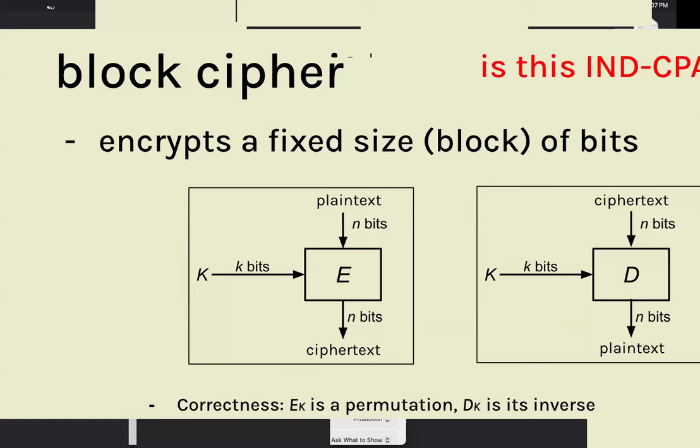Now, the question for you: is this an NCPA secure scheme or not? If anyone in the back wants to answer this question. If I just give you a block cipher, does this satisfy NCPA? I see a lot of heads nodding as no, but does someone want to answer?